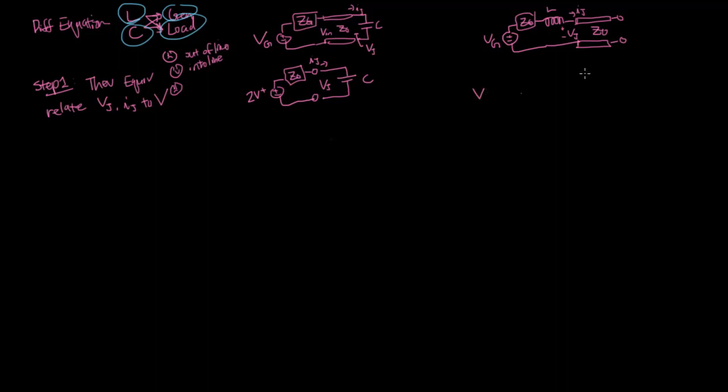There's a lot more going on here. So on the transmission side, we have a source that's 2 times the negative going wave, again the wave that's coming out, with a source impedance equal to Z0, the characteristic impedance of the transmission line.